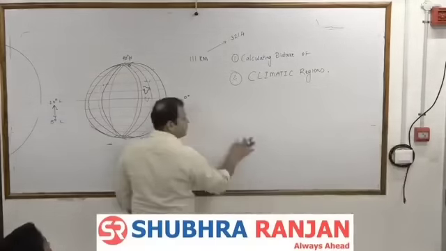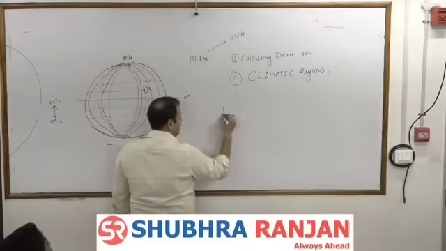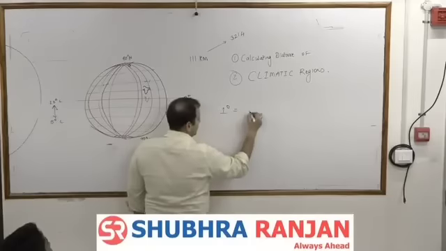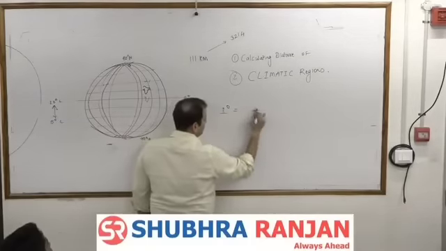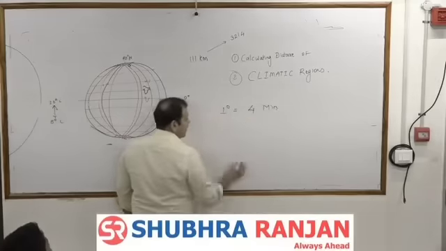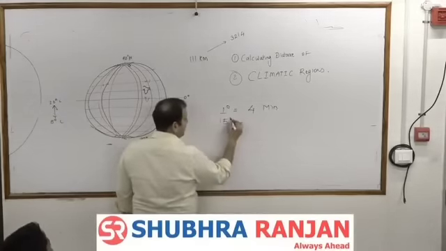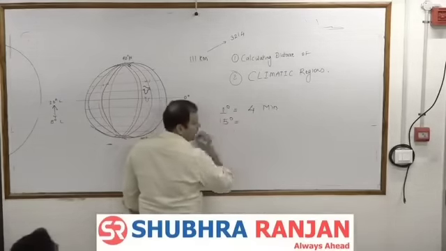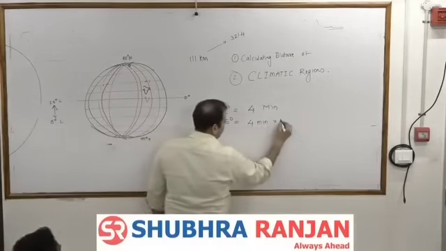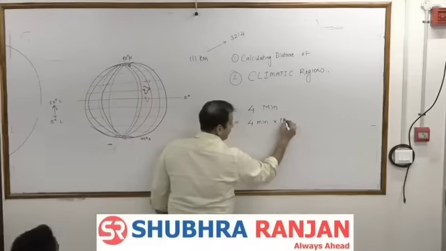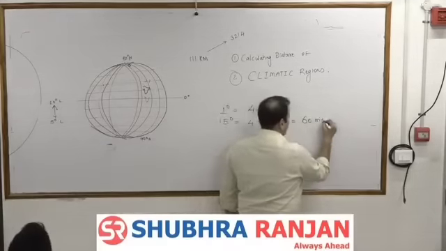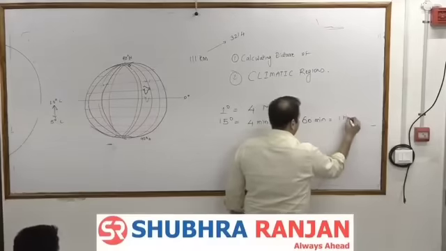So the difference between two longitudes, 1 degree, is 4 minutes. And therefore, the difference of 15 degrees is 4 minutes into 15, which is 60 minutes or 1 hour.